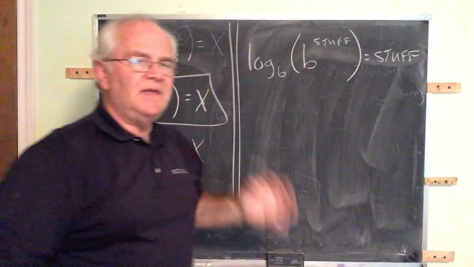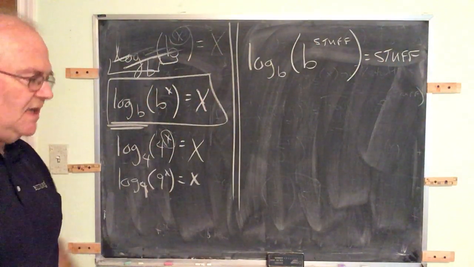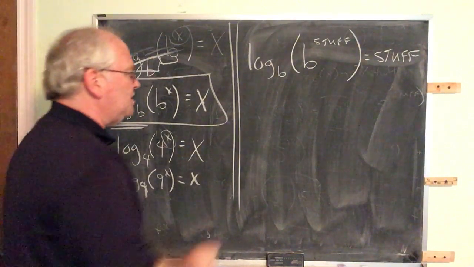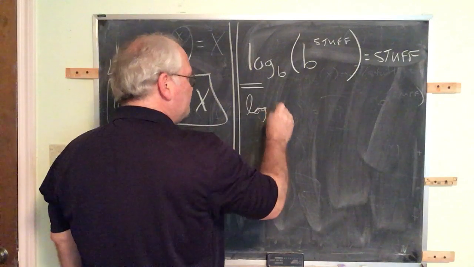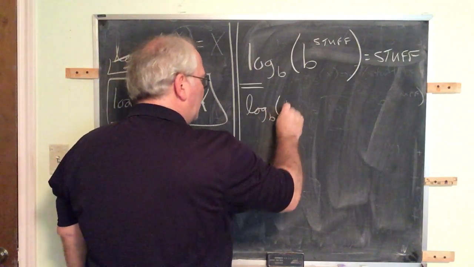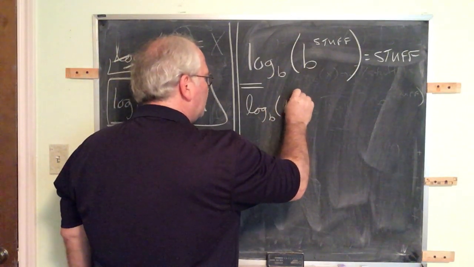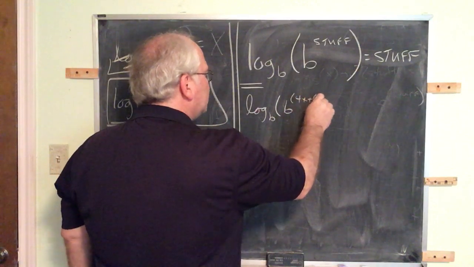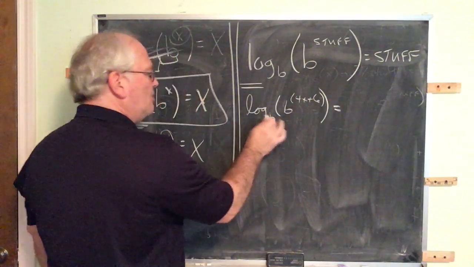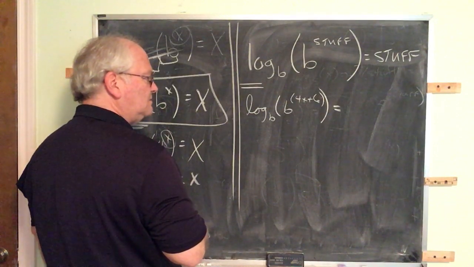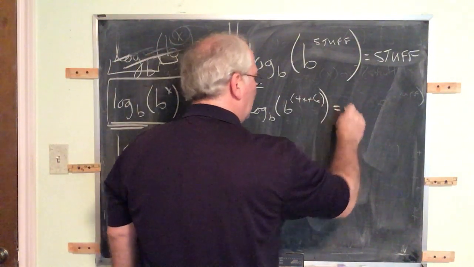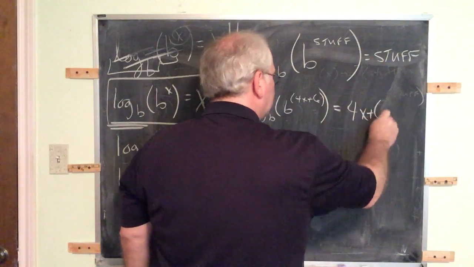Now the stuff can be a single number, a single variable, or a larger expression. So let's apply this property. Log base b of b raised to the 4x plus 6 gives us the stuff, the 4x plus 6.